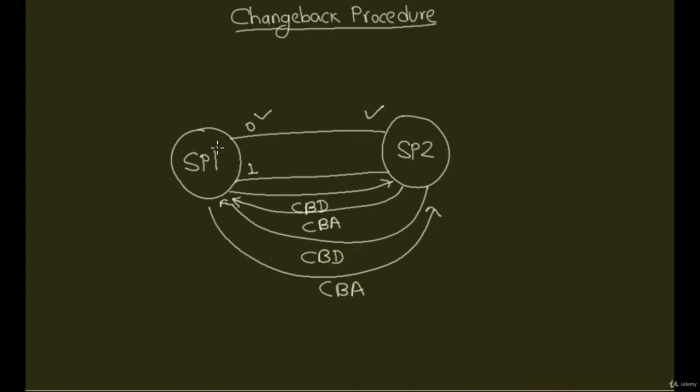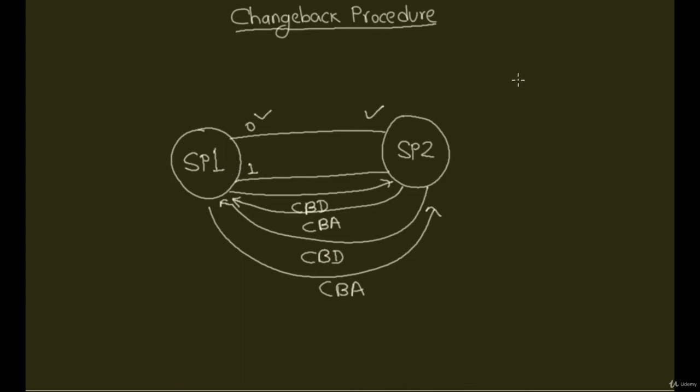So you can say the changeback process is just a way of telling the other node that now it is going to use the alternate link for sending the data. That's why this message has to be used by both the signaling points separately.